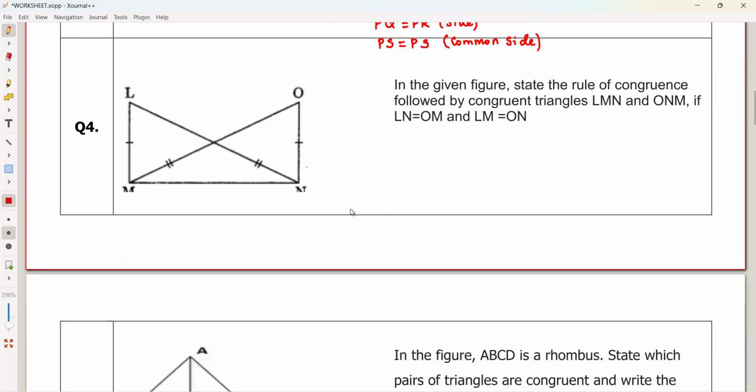In the given figure, state the rule of congruence followed by congruent triangles LMN and ONM, if LN equals OM and LM equals ON.